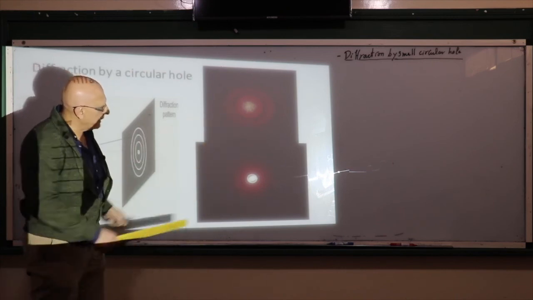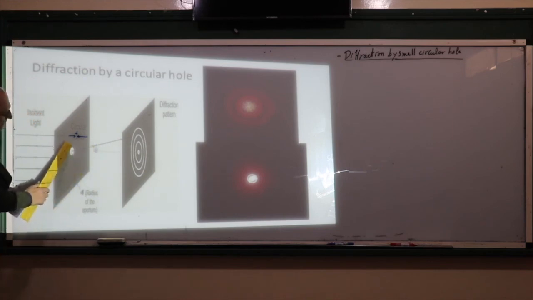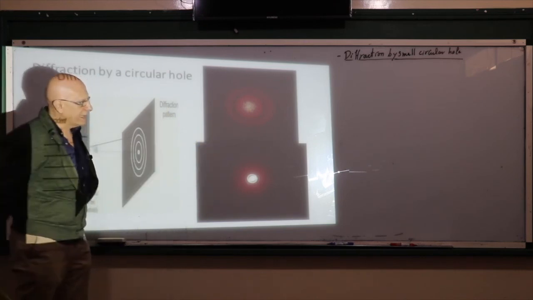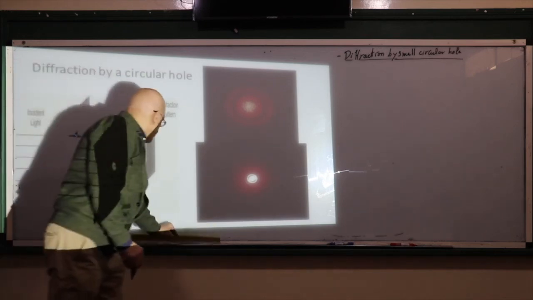Why? Here, a or the diameter of the hole is less than this. As the diameter decreases, the diffraction increases and becomes stronger.